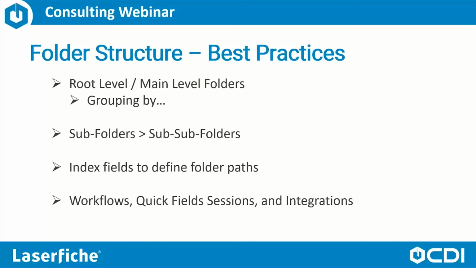The same would go with quick field sessions, where the more structured your folder structure is, the more easily you are going to be able to configure your quick field sessions to release documents by path, rather than having to run searches as well as possibly workflows to get everything to file.